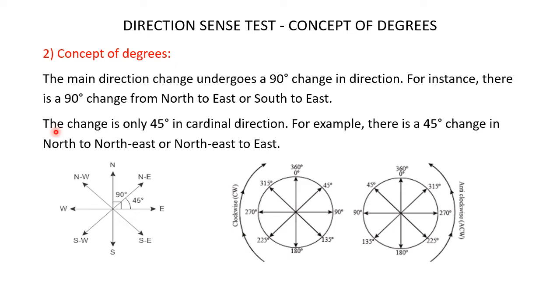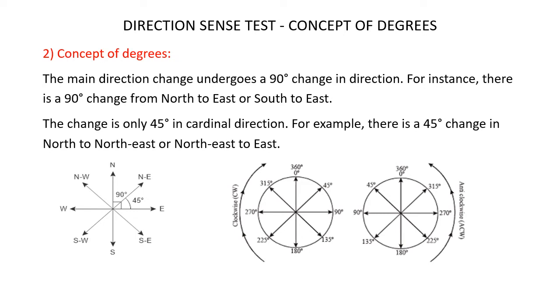The change is only 45 degrees in cardinal direction. For example, there's a 45-degree change in north to northeast, or from northeast to east, or from east to southeast. From southeast to south also there is only a 45-degree change.